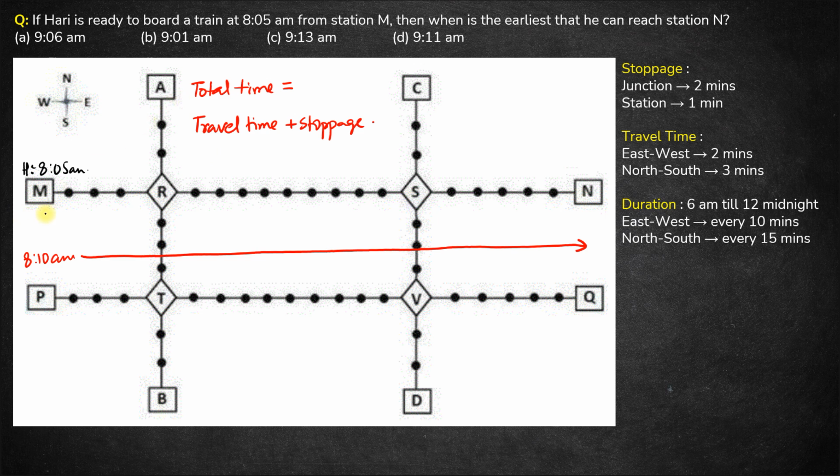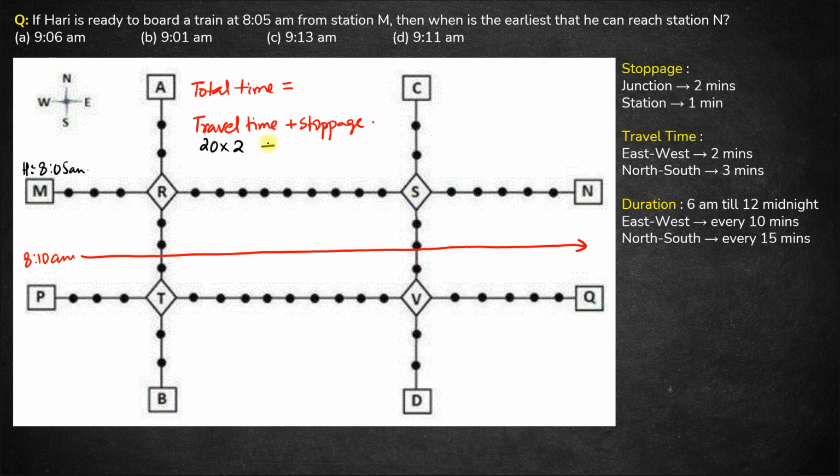Now to go from any station to an adjacent station in the east-west direction, it takes 2 minutes. So how many journeys does it have to cover? M to this circle 1, 2, 3, 4, 5, 6, 7, 8, 9, 10, 11, 12, 13, 14, 15, 16, 17, 18, 19, 20. So 20 into 2. So the total traveling time is 20 into 2, 40 minutes.